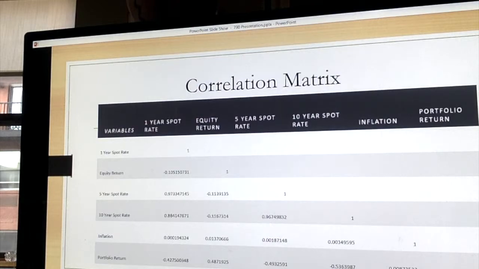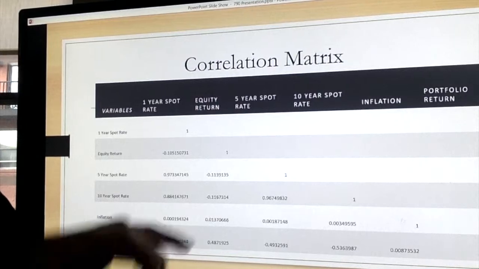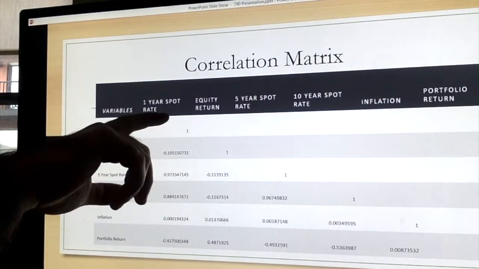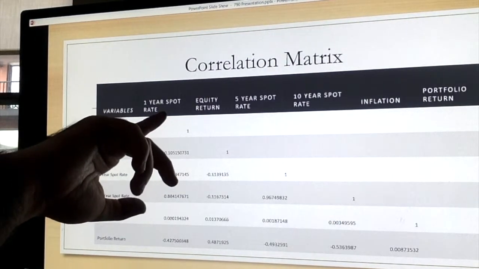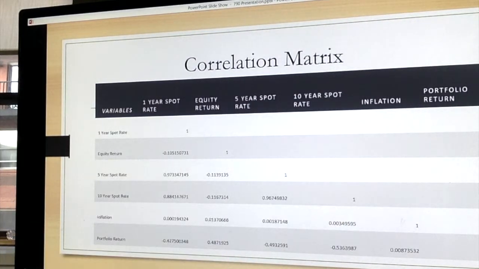If you are able to see the numbers, the portfolio returns, for example, have negative 40.42% correlation with the 1 year spot rate. However, when it comes to the 10 year spot rate, the correlation jumps to negative 0.53.